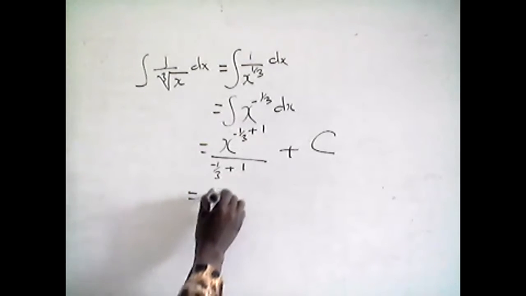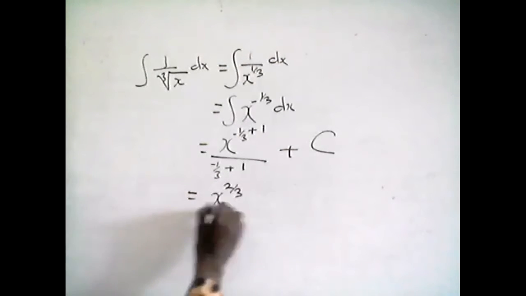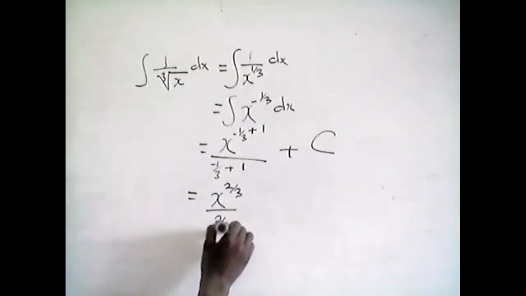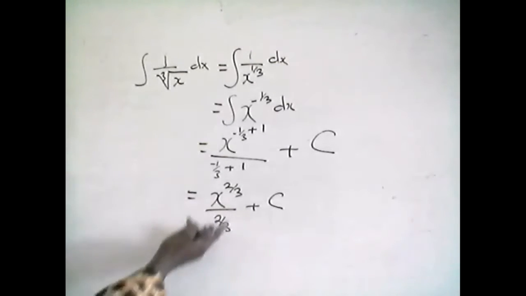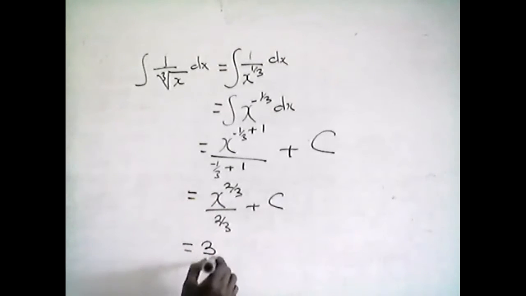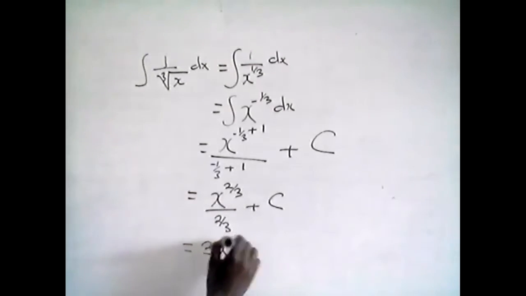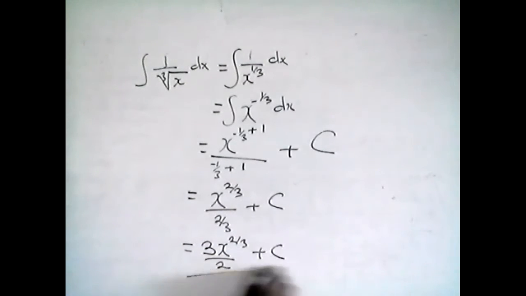So we're going to have x to the power 2 over 3, over 2 over 3, plus c. Apply some algebra there and you are going to find the same answer, 3x to the power 2 over 3, over 2, plus c.